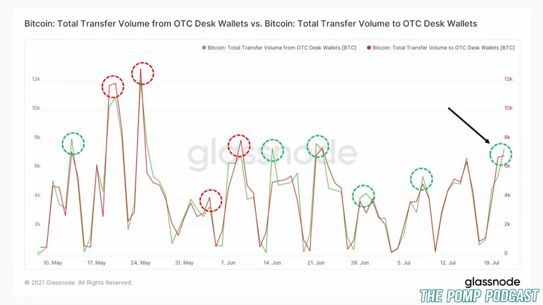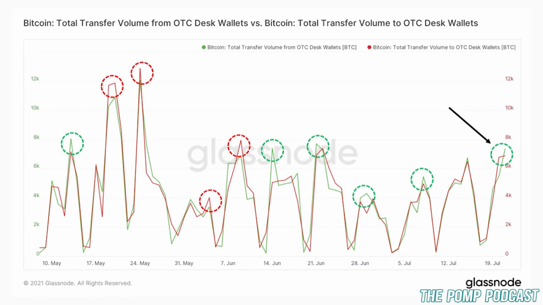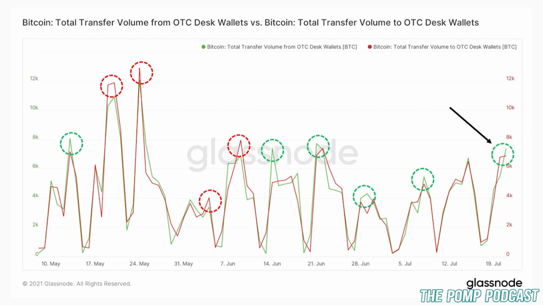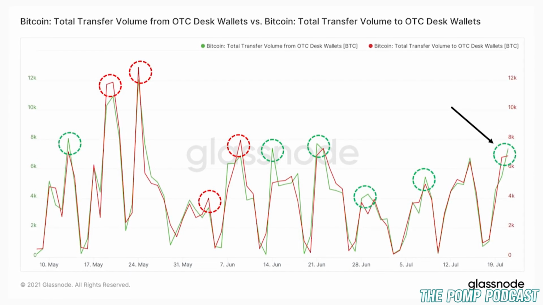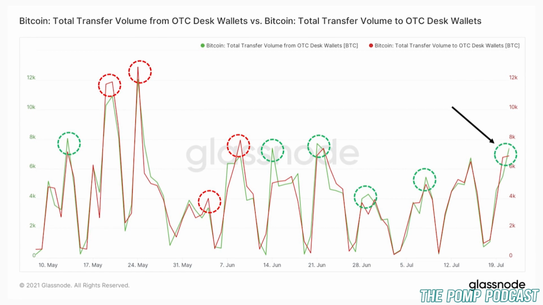So when you see a strong move up, and you see those outflows or inflows, for that matter, if you're trying to make a bear case, if you see one strongly outpacing the other, then I think that's a stronger signal. And also if you're getting multiple in a row. Right now if you look at the chart, we've had 5 straight coinciding spikes between inflows and outflows where outflows have outpaced inflows.